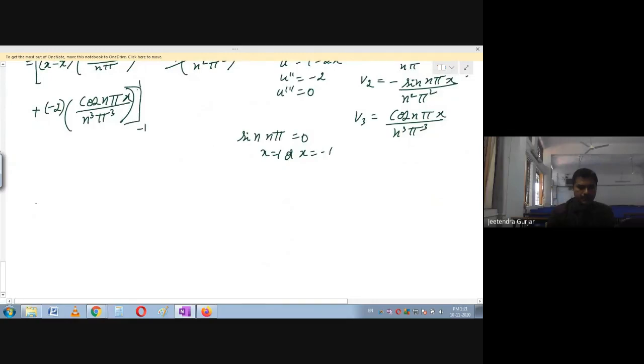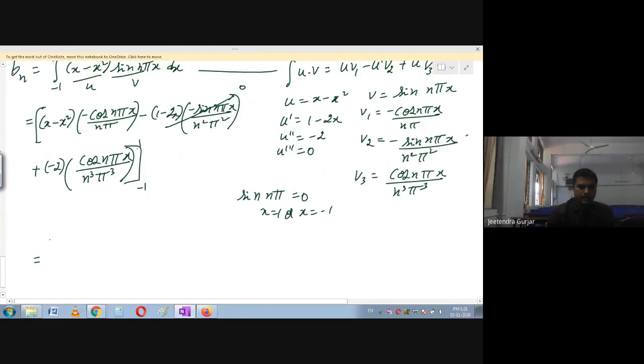Now substitute the value x equal to 1. Wherever x is there, if you put 1, then 1 minus 1 will be 0, so this value I get as 0. Next, I put 1 in this value, that will be plus minus 2, which remains as it is, cos n pi upon n cube pi cube.